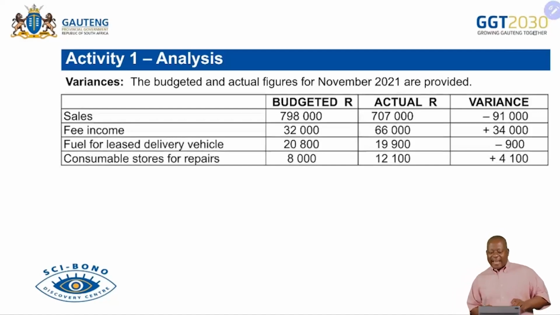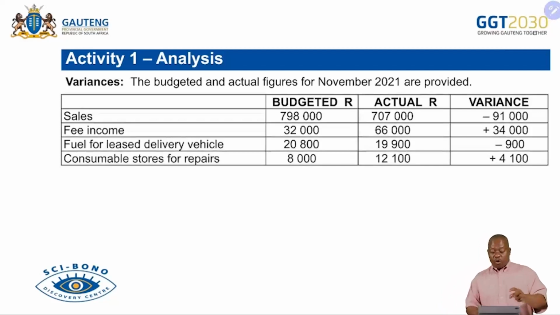So when they are saying comment, because we are going to comment on whether we have managed to control our fuel, is the answer going to be yes or no? They are also going to ask us, if we managed to control our consumable stores, is the answer yes or no? The comparison depends on the other variable that is linked to that.